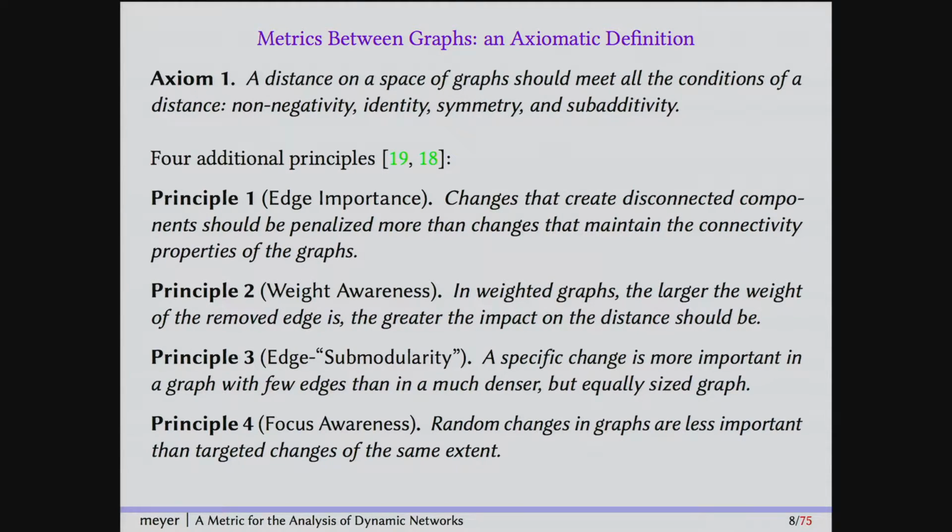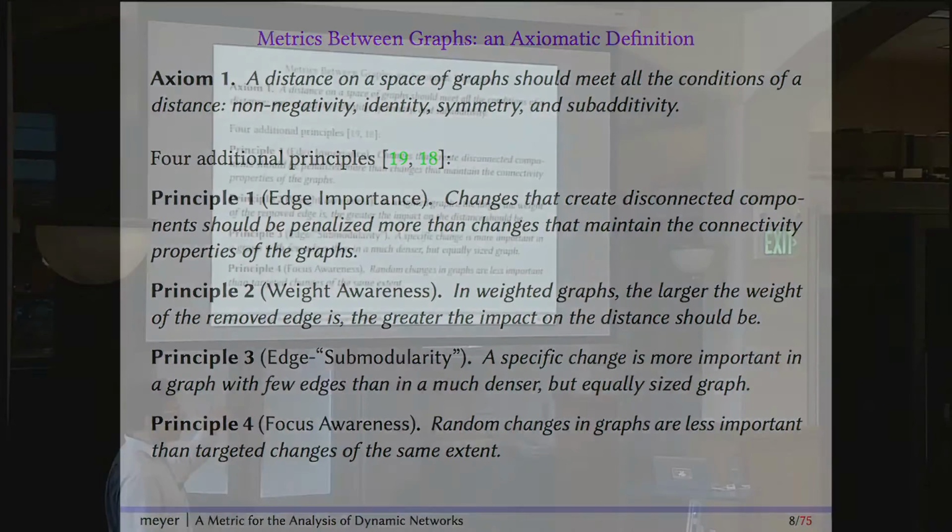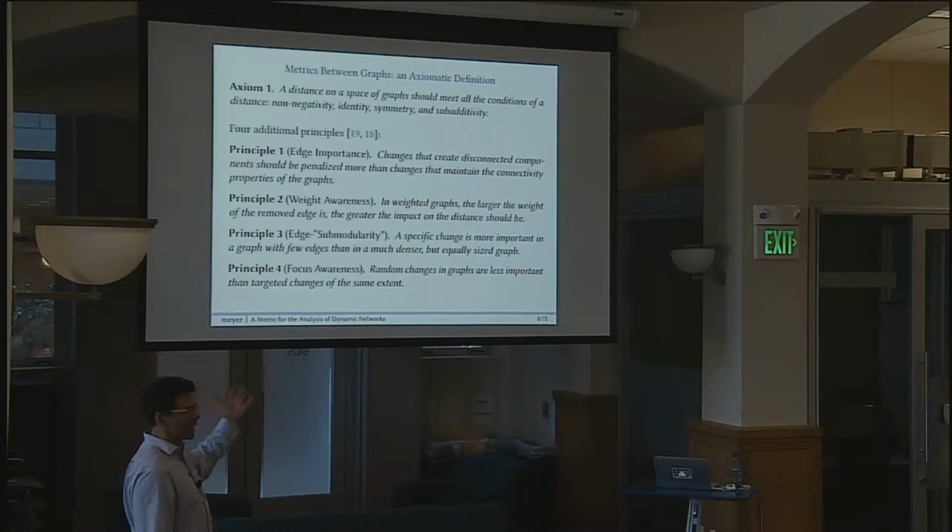The second principle essentially tells us that if we have a large weight, and we think about the weights, for instance, by saying how strong we believe that two nodes should be connected. That could be, in some sense, an amount of traffic, the number of text messages being sent per day between two people.